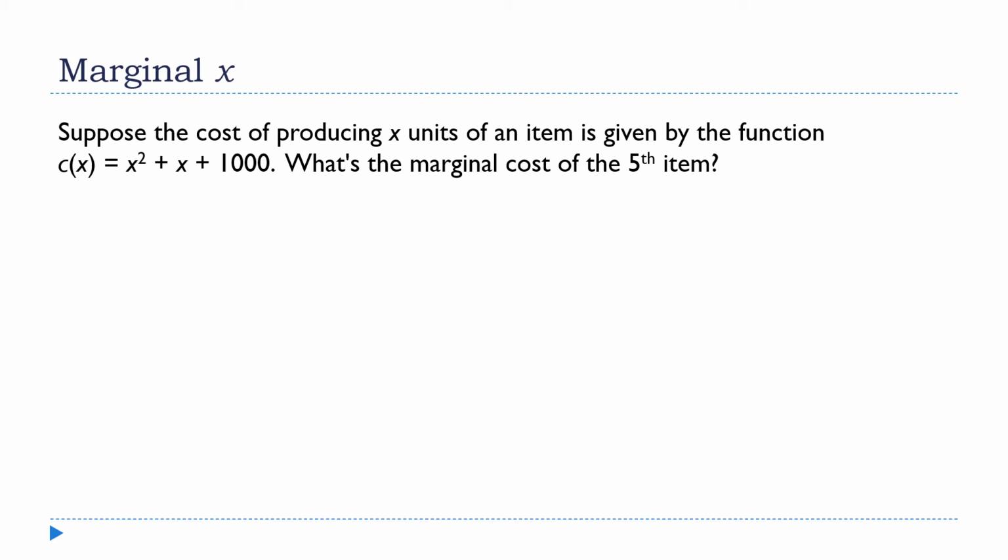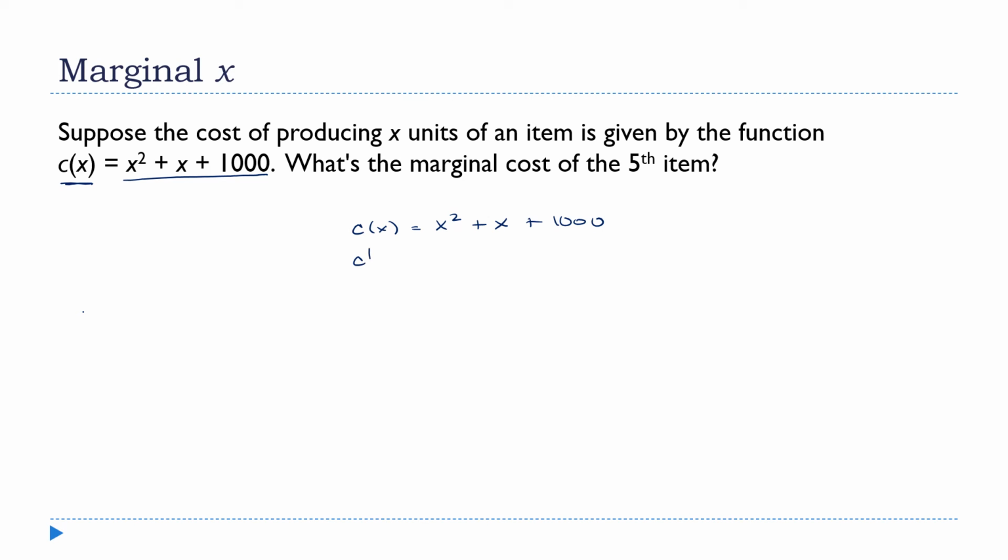Okay, so I've got an example here, and we are talking about costs. The cost function is given by this formula, and I want to know, what is the marginal cost of the fifth item? Well, let me just write it here. C of x is x squared plus x plus 1,000.